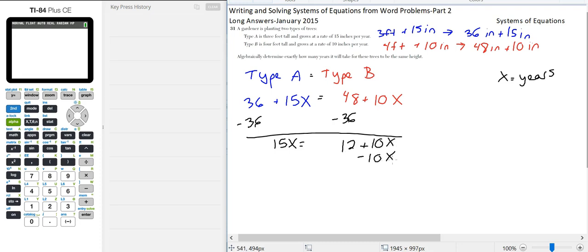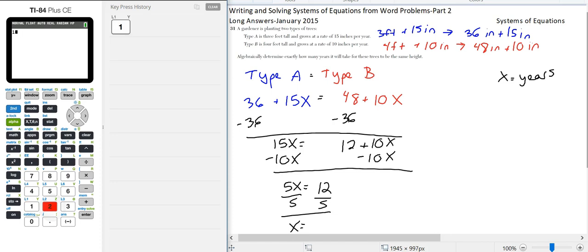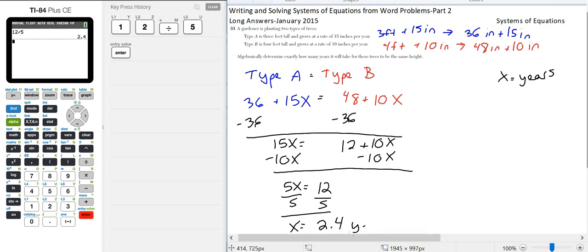Subtract 10x from both sides. 5x is equal to 12. Divide by 5 on both sides. x is equal to, what's 12 divided by 5? 2.4. After 2.4 years, tree type A will be the same height as tree type B.